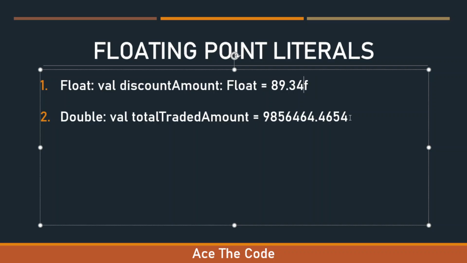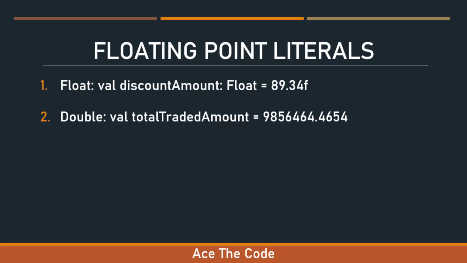If you do not add that f at the end of this real number, by default the Kotlin compiler considers it as a double type of value. All right, so let me repeat once again. If you want to initialize a variable and you want to specify a float literal, then it must end with f. If you are not ending it with f, it will be considered as a double type of value.